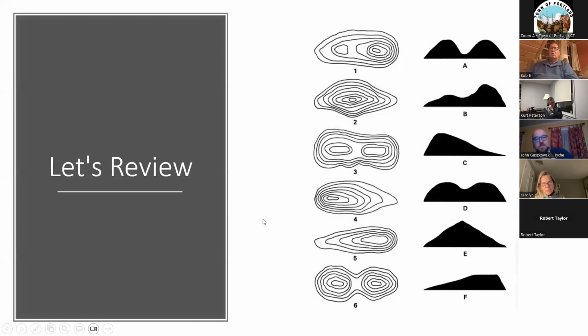So let's take a look at this. Let's assume that in each of these cases, the smaller circles on the inside are high points. That in each of these cases, the outer curves are the low points, and we're going up slope. Okay.